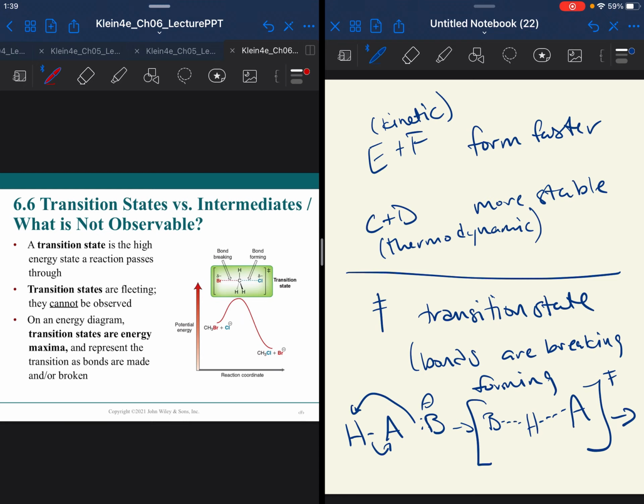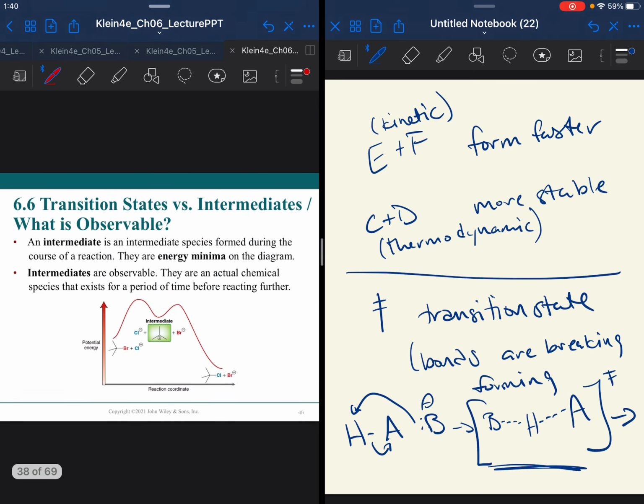And we are going to look at a specific example here, but this is a reaction that we'll cover in chapter 7. You notice that the CH3Br is becoming CH3Cl. And so that transition state is just as the C-Br bond is breaking and the C-Cl bond is forming, just like what I drew here with our acid-base reaction.